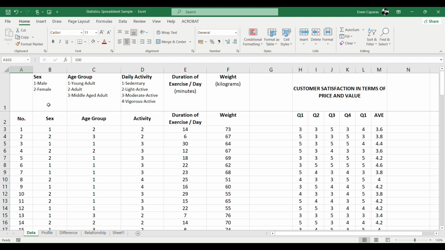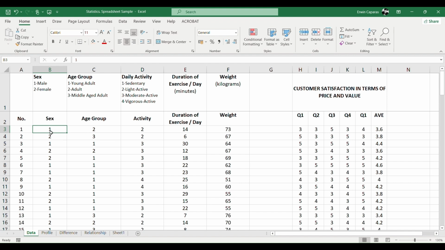So here we have noted, let's say, the sex of respondent number one as one. It means that it is male, so on and so forth. The presentation of the answers of respondent number one should go across the columns.